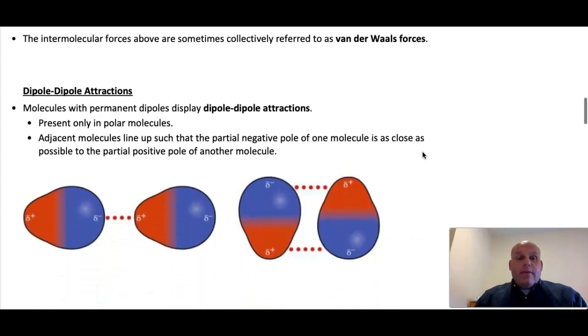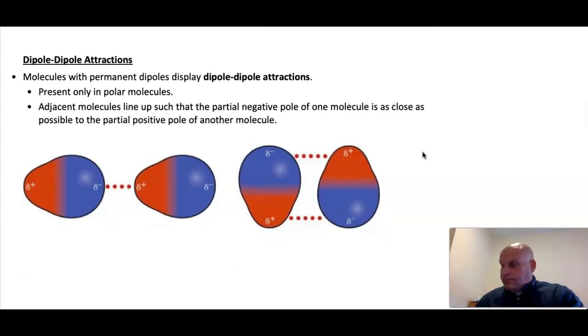Let's start with dipole-dipole attractions. We know that polar molecules have regions of partial charge. As you can see here, we get a partial negative charge and a partial positive charge, and that is a dipole. If you remember drawing that dipole moment, it goes from the partially positive end to the partially negative end.